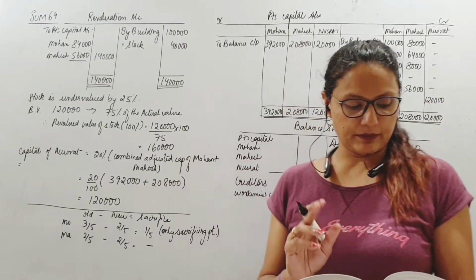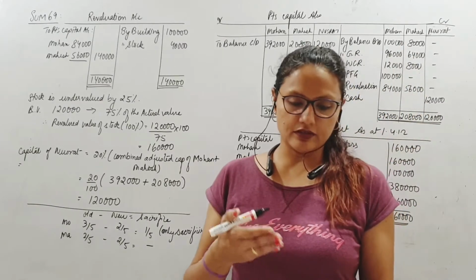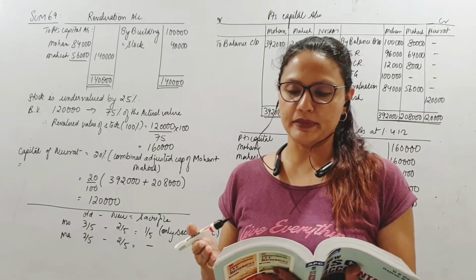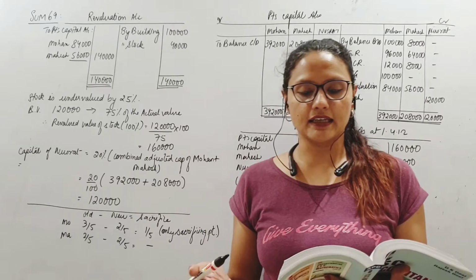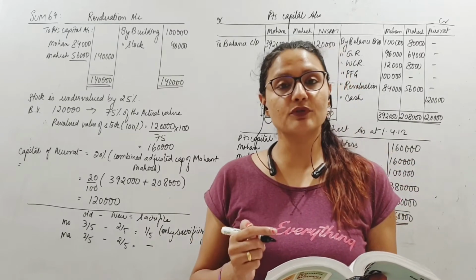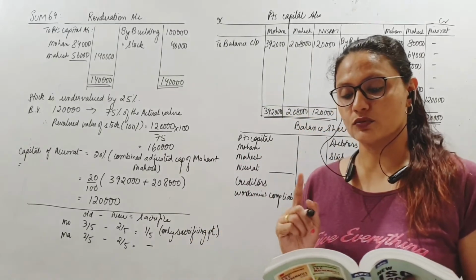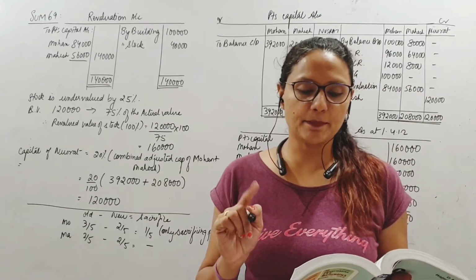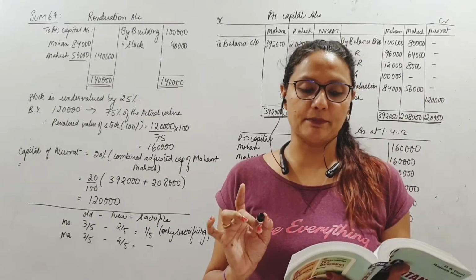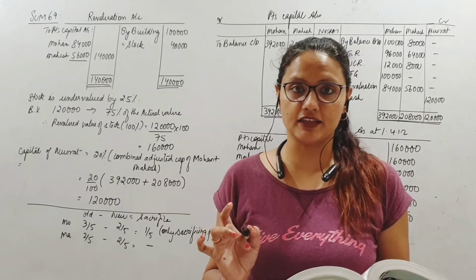There have been certain revaluations of assets and liabilities. Nusrat has brought in goodwill of 1 lakh in cash, but she is supposed to bring further cash as would make her capital equal to 20% of the combined capital of Mohan and Mahesh.